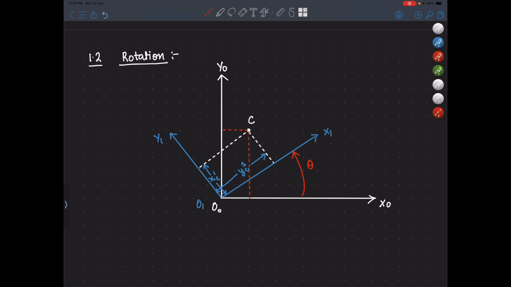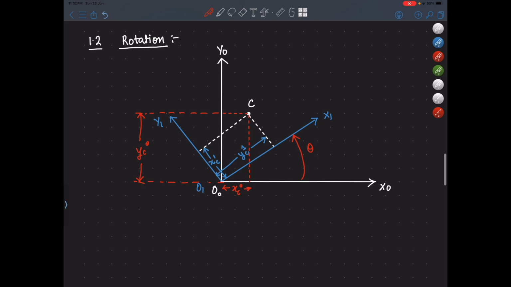So you can see this is xc naught and this is yc naught. All right. So we want to calculate this. So how do we calculate? So let's just try to see what is xc naught.